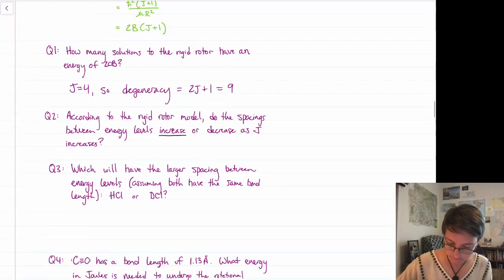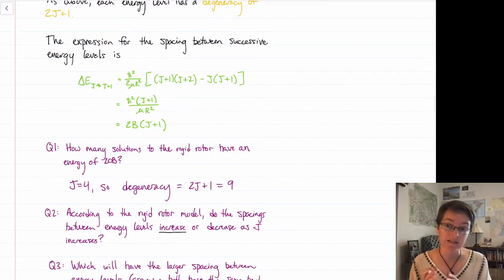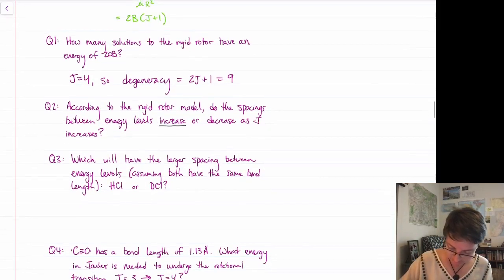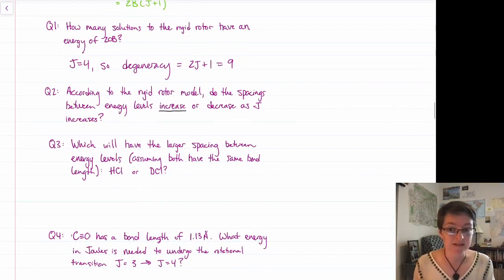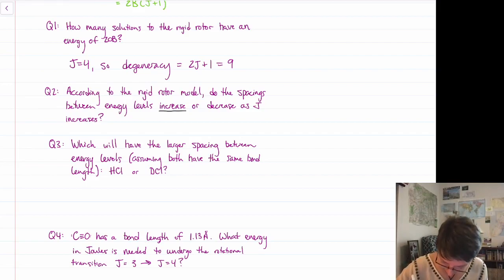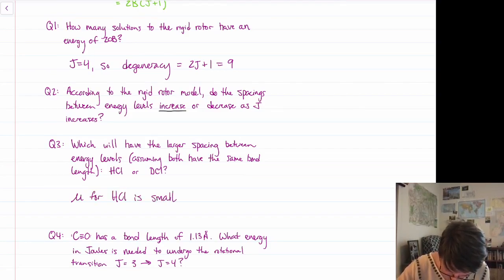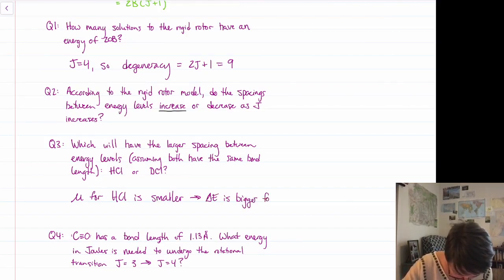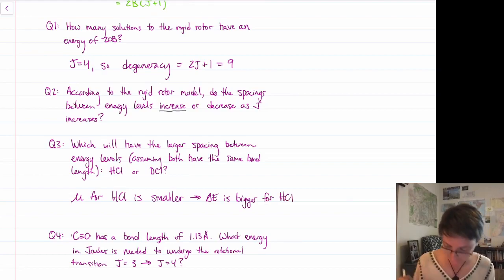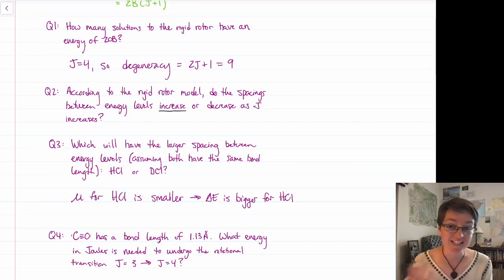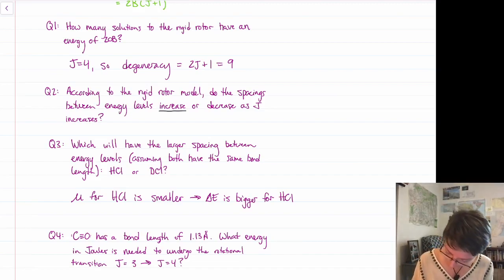And therefore, a smaller mu is going to lead to a bigger delta E. So bigger delta E means that HCl has bigger spacings compared to DCl. So that's our answer to question 3. Delta E is bigger for HCl.